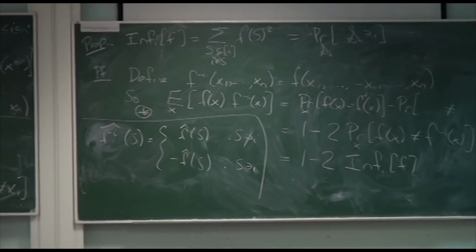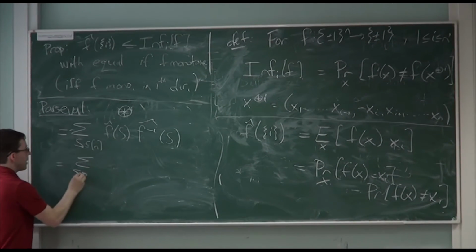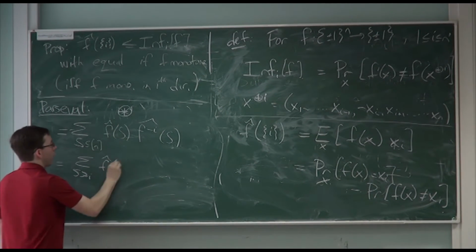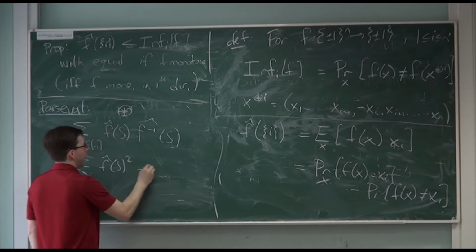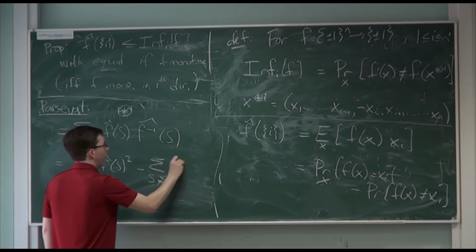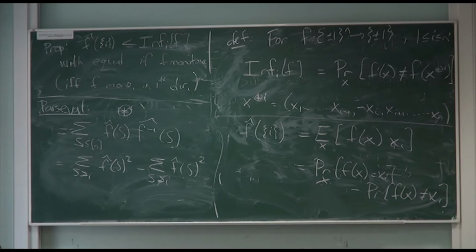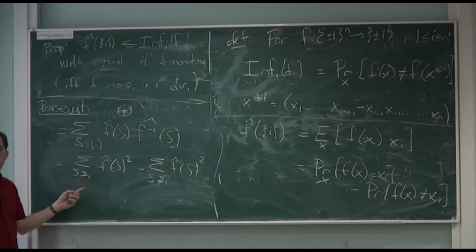Okay, so putting these two things together, this is going to be the sum over all S that contain I of f hat S squared, minus the sum over all S that don't contain I of f hat S squared. And remember, if you add up all the squared Fourier coefficients, you get 1.